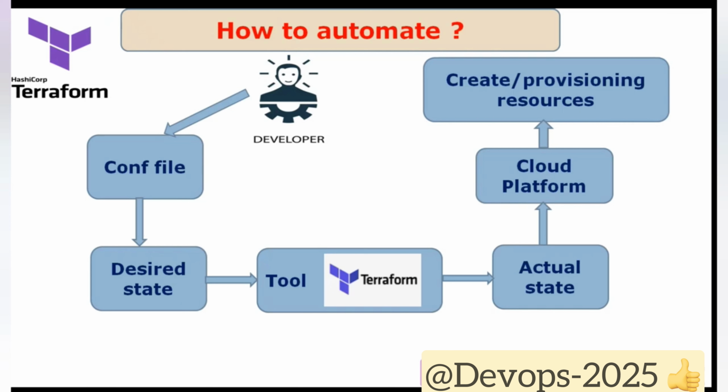So we automate the process of provisioning and managing infrastructure across different platforms or environments. We can use the approach called desired state and actual state. With infrastructure as code, we can automate all the things that are needed.